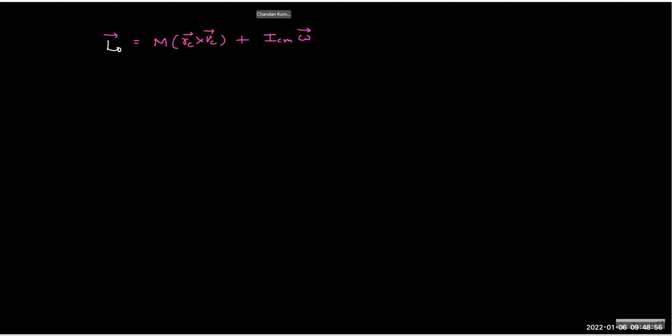The first term is treating the body as a particle, and the particle is nothing but the center mass. So this we call orbital angular momentum. And the second is treating the body as a whole, not as a particle.